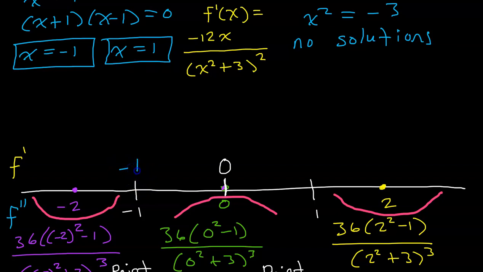So I'm going to put a little negative 1 in color, okay, and I'm going to use a positive 1. Okay, so these colored numbers are going to be my test values. So I copied down the first derivative, so we wouldn't have to hold it in our minds the entire time or scroll back and forth. So let's evaluate at these two numbers.